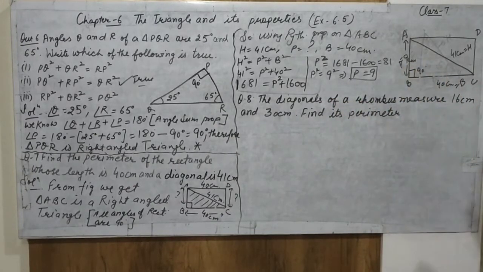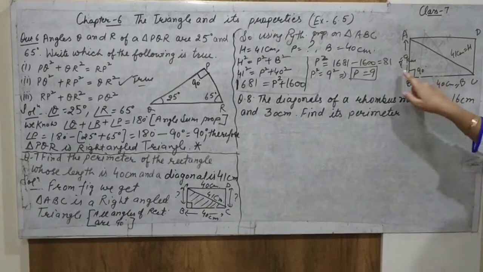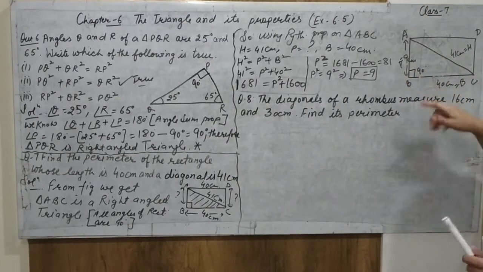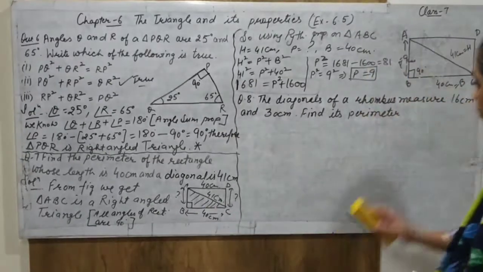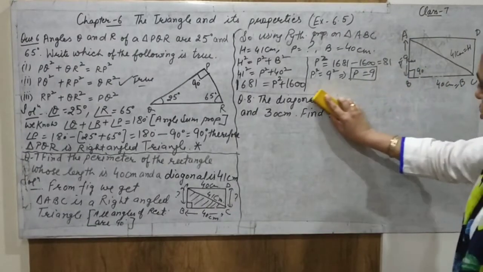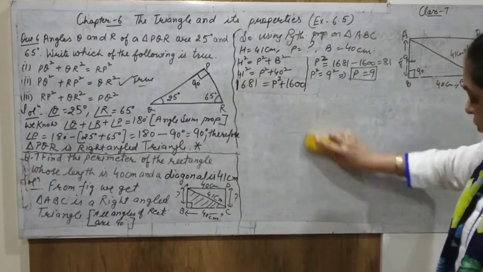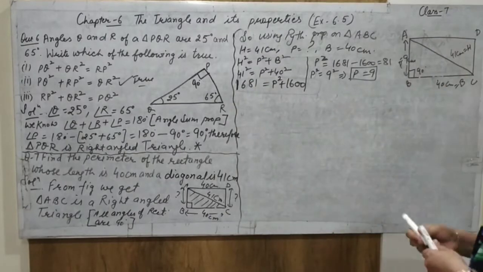Now up to this, I hope you understand that we get the breadth, we get the length. Now what is the perimeter of the rectangle? You know the perimeter of the rectangle is 2 into L plus B. First understand it, then I write this question again, after that we have to do next question.